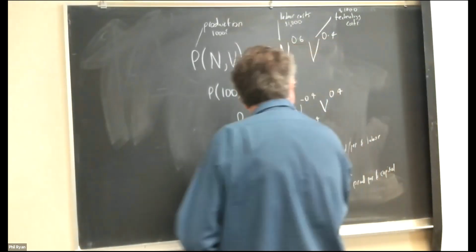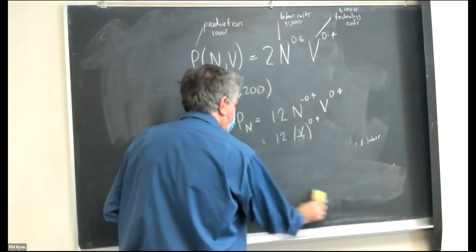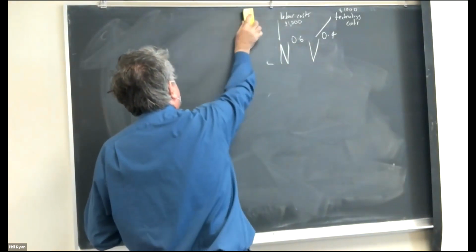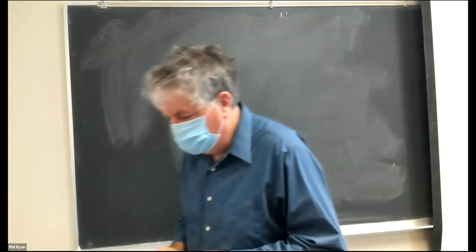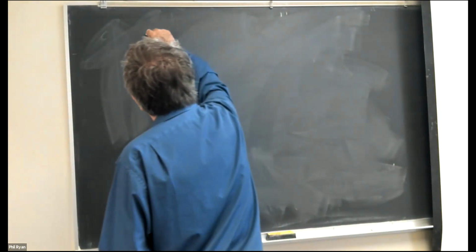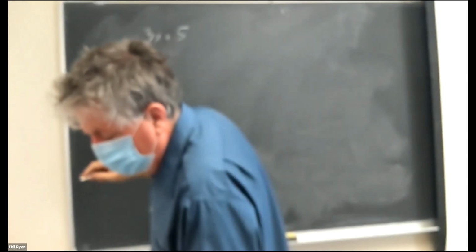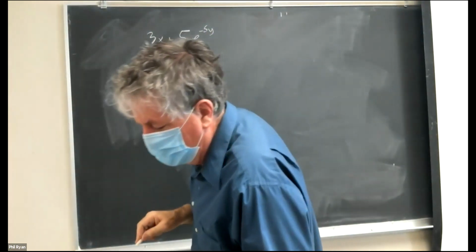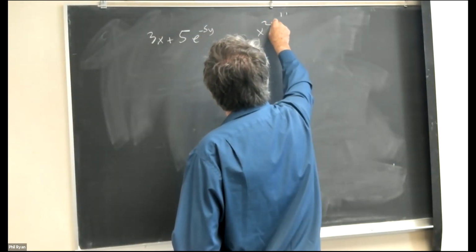Okay, so let's just take a couple of derivatives just to make sure we all got it. So let's have a look at a couple of functions. 3x plus 5e to the minus 5y, for instance. x squared times y.